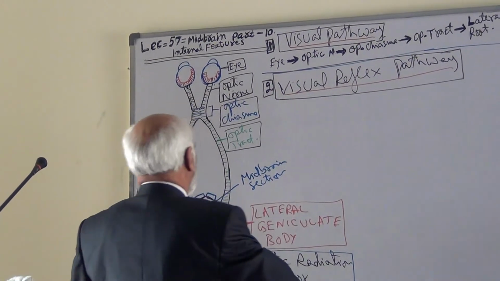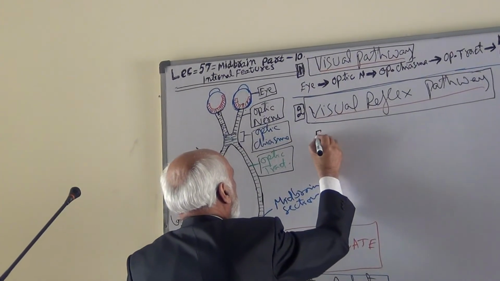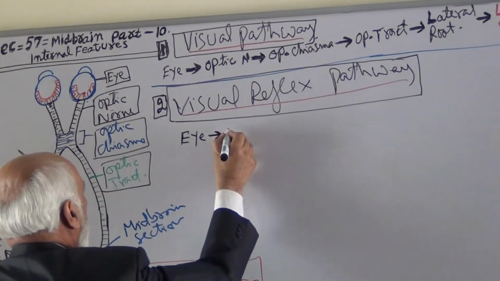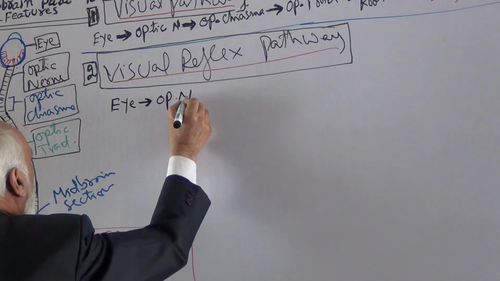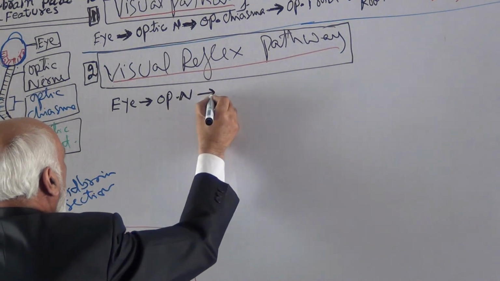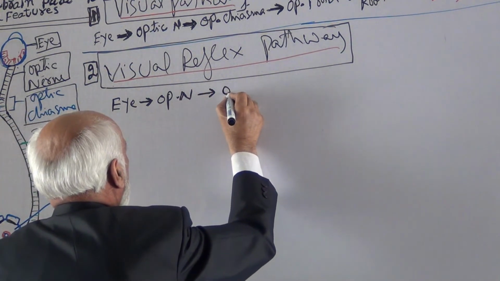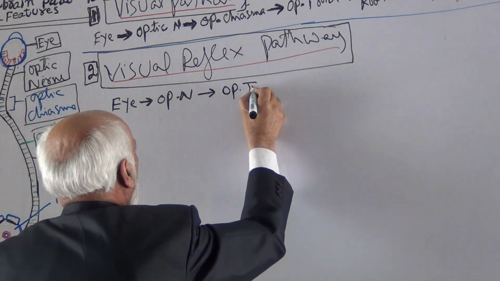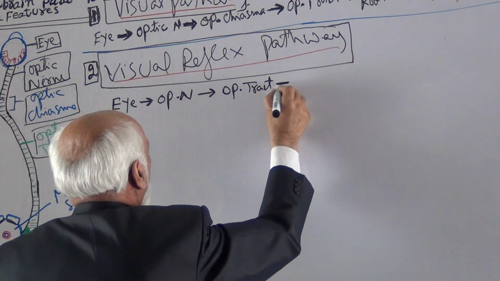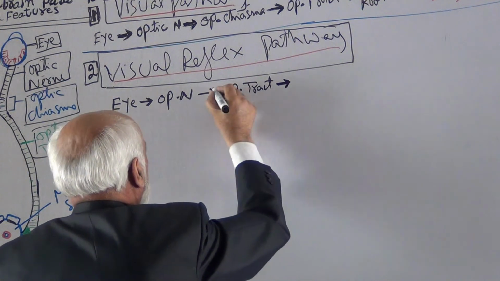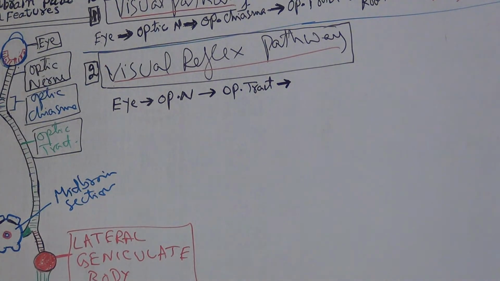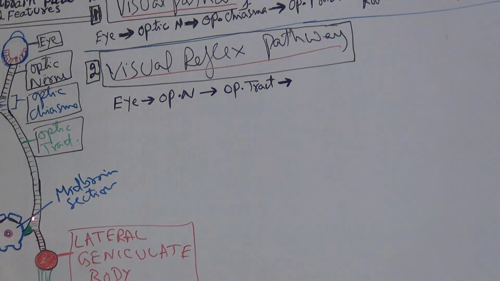Again, impulses will start from the eye, then optic nerve, then optic tract, and I told you the optic tract divides into a lateral route and a medial route.